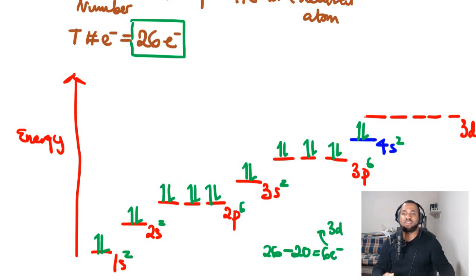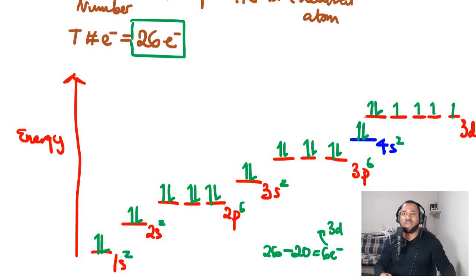How do you go about this? We're going to do the same thing. We add 1 electron with the same spin on each of the orientations, 1, 2, 3, 4, 5, and then we pair it up, 6.